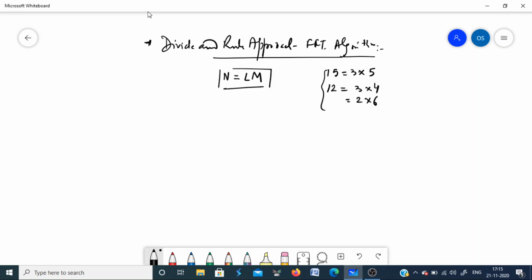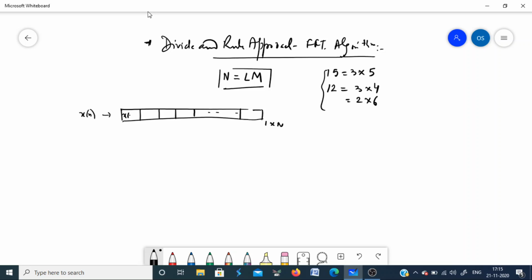Then what we do is we store the input data in a two-dimensional array, a matrix of L cross M. We have x[n], which is an N-point sequence, so we can store this data in a one-dimensional array, a 1 cross N matrix.